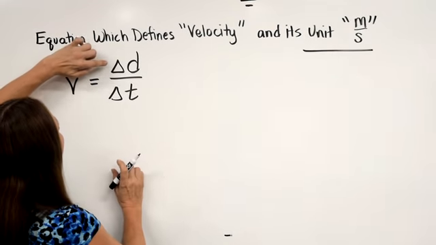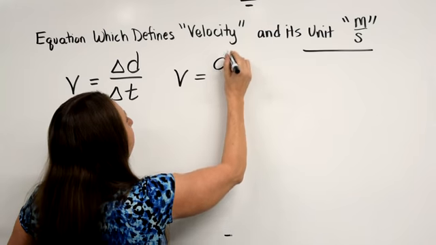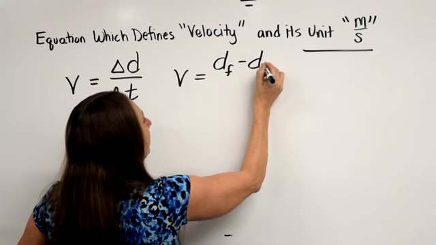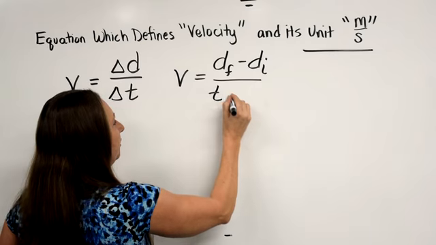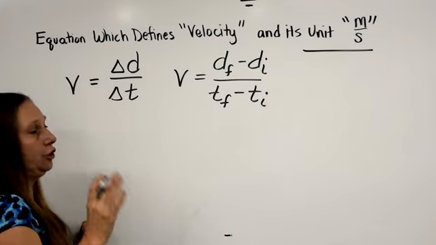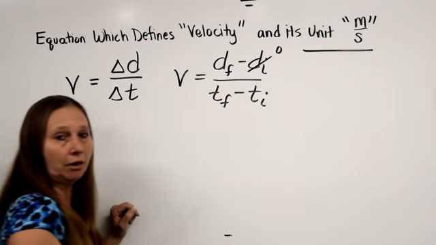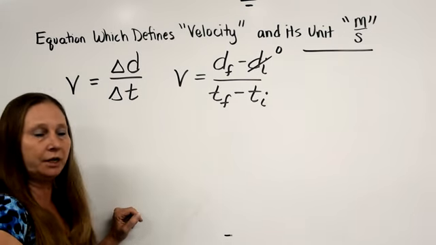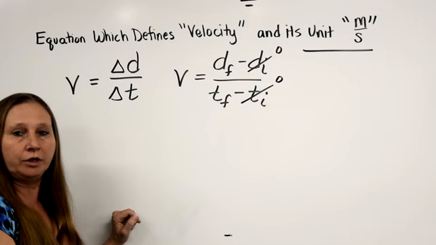Now, change in displacement means the final displacement minus the initial displacement. Change in time is the final time minus the initial time. Generally speaking, your initial displacement is going to be 0 almost 90% of the time, and 90% of the time your initial time is going to be 0.